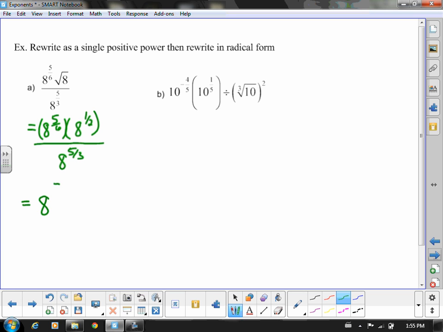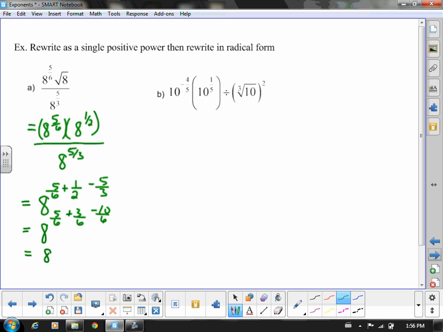Mathematically, what we have here is 8 to the 5 over 6 plus 1 over 2 minus 5 over 3. The numerator we're multiplying, common bases, so we can add the exponents, and then the division we can subtract. So I need a common denominator, which is going to be 6. So I had 5 over 6 plus 3 over 6 minus 10 over 6.